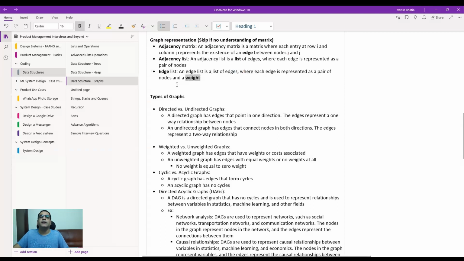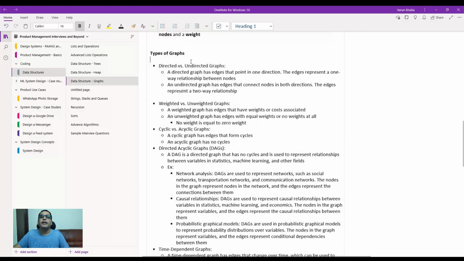So an edge list is nothing but representing the edge by a particular number, and you're also representing the weight along with the pair of nodes, right? So, different ways of representing. By far, the most common usage is the adjacency matrix, where you are representing the relationship between two nodes through an entry in your matrix, right?